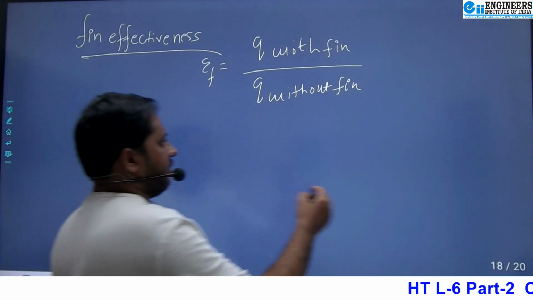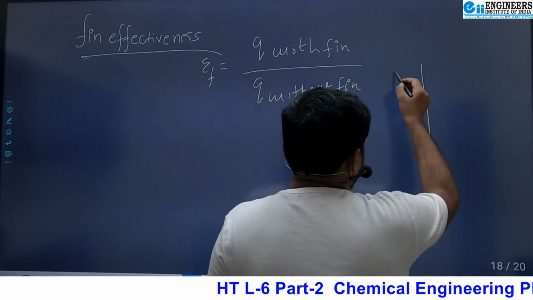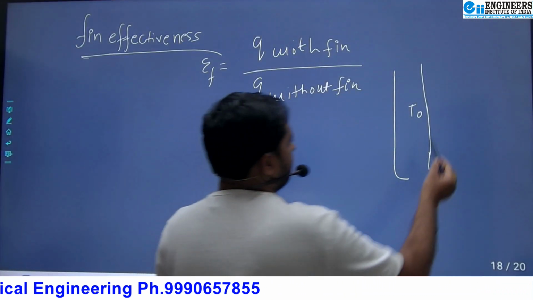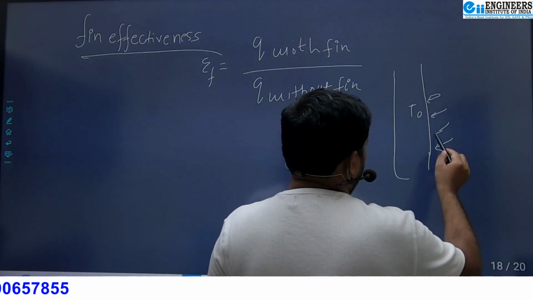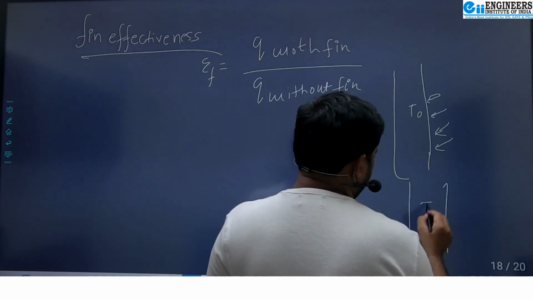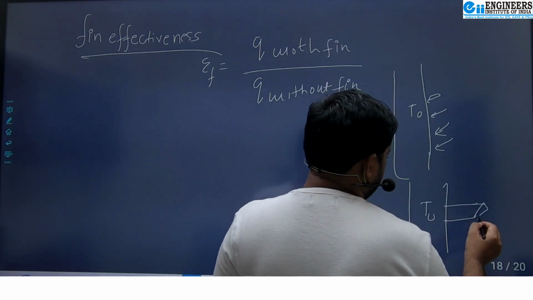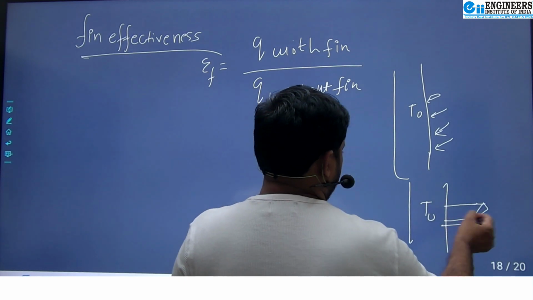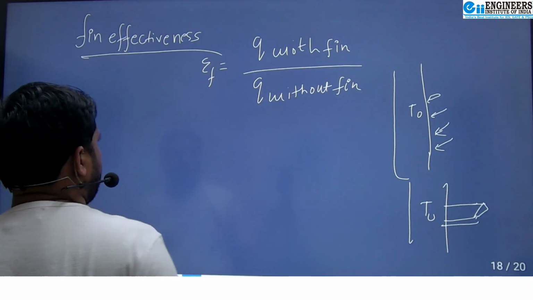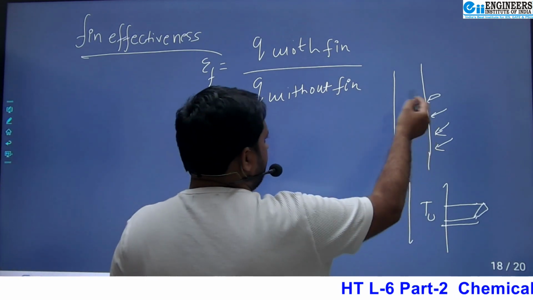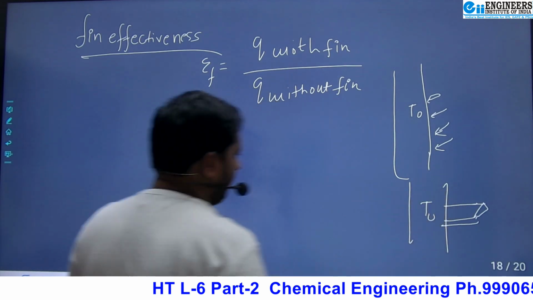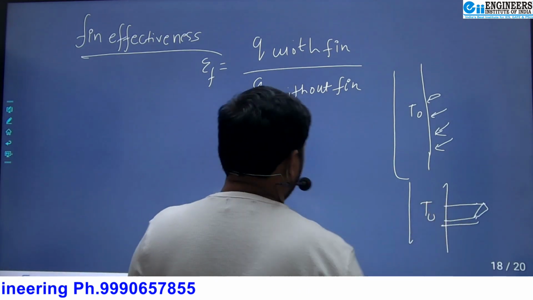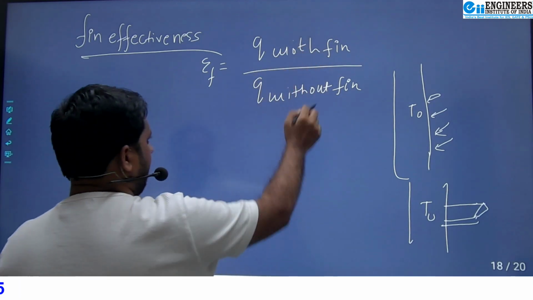If suppose there is no fin, only this equipment wall with temperature maintained at T0, then heat is lost by convection at the surface of the equipment. But if the fin is attached, how much is the heat transfer improved because of this fin? So you can calculate the effectiveness as Q with fin divided by Q without fin. Q loss will be more with the fin, and less without the fin.